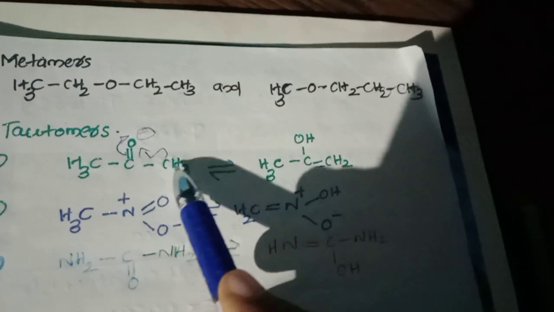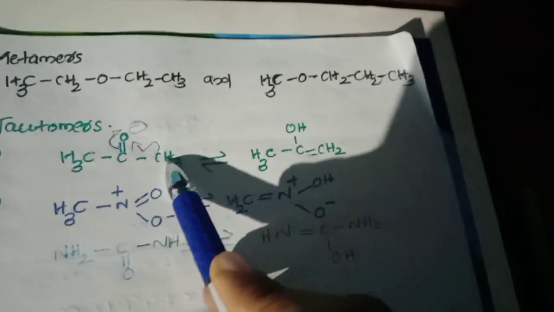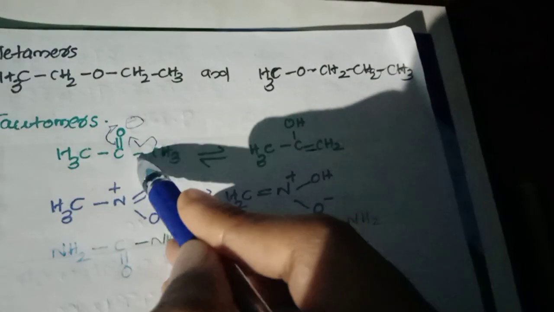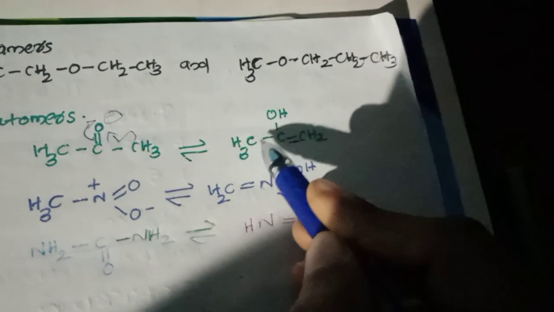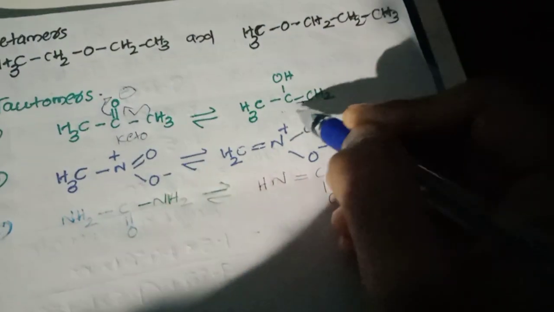The hydrogen will shift from here to here, and here will become a double bond. That is how it is formed. That is keto-enol.